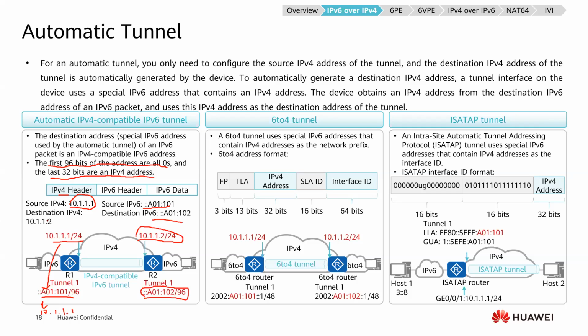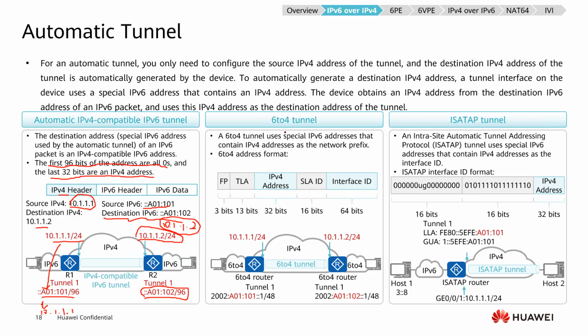And then it will get the destination address from the destination IPv6 address, just here. A equals 10, 01 equals 1, 01 equals 1, 02 equals 2. So the destination IPv4 address is 10.1.1.2. And then it becomes an IPv4 packet, so it is sent through the tunnel.